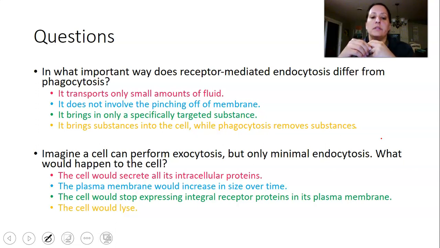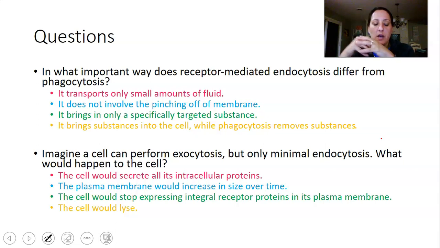Yellow, it brings substances into the cell, while phagocytosis removes substances. So hopefully you picked green. Receptor-mediated means only specific substances are going to be brought into the cell, whereas with phagocytosis, there's no binding of anything to a receptor, so it's a non-specific uptake.